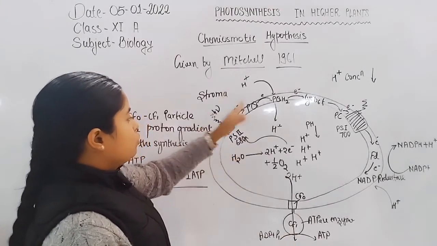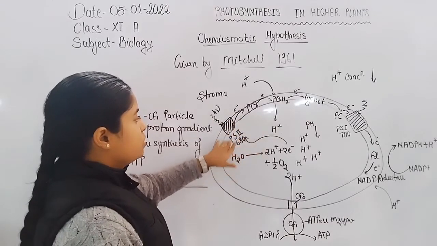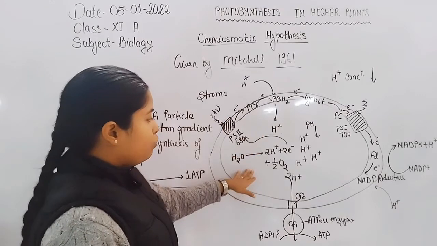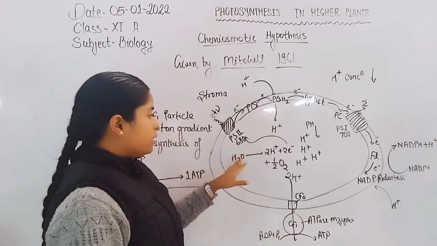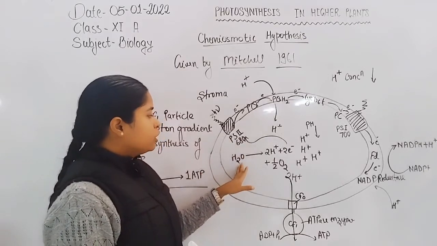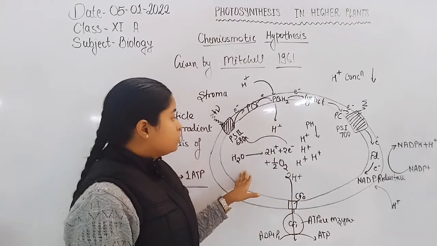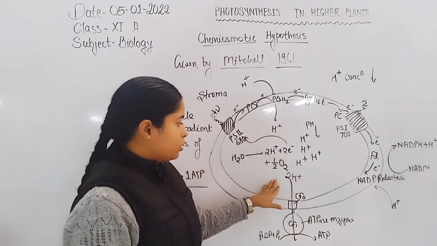Altogether, due to the continuous emitting of electrons from the reaction center, the electron concentration in the reaction center decreases, and that is recovered by the splitting of water molecules near photosystem second. One water molecule is split to form 2 protons, 2 electrons and half an oxygen molecule.